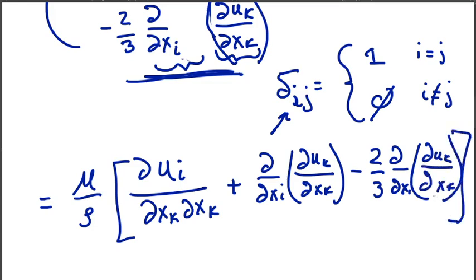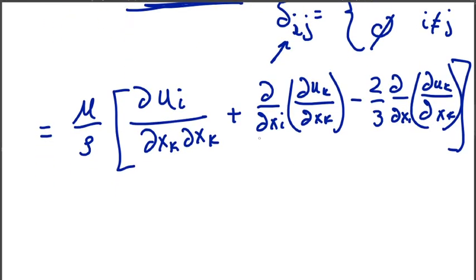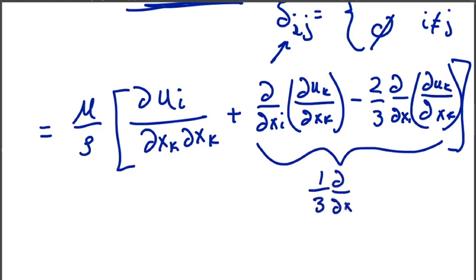Okay. Well, these are the same, so these two combine, and these just become 1/3 of d by dxi on the quantity duk dxk.